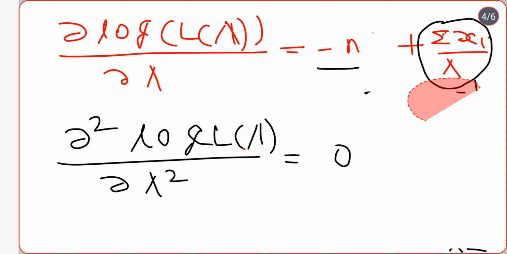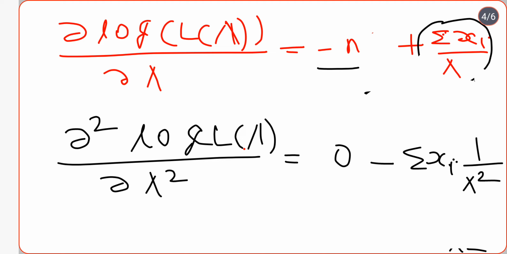Now if I just put it into the equation, then the value is nothing but minus summation xi into 1 by lambda square, or you may write it as summation xi by lambda square also.